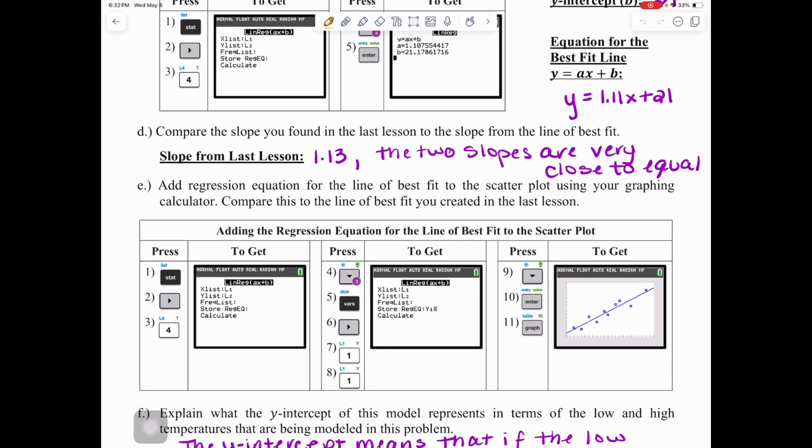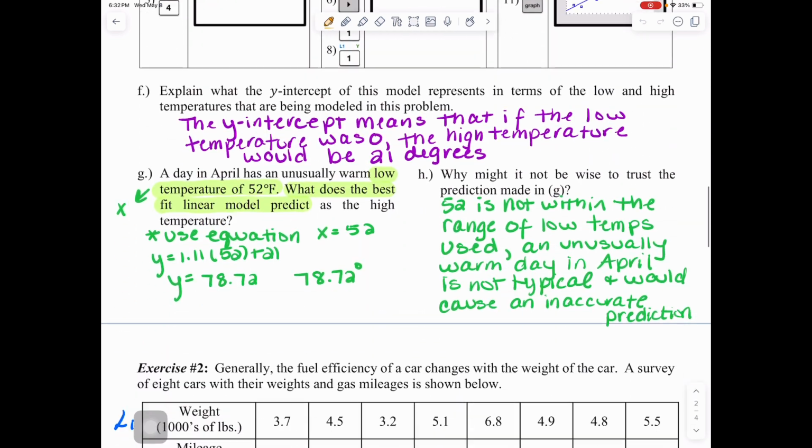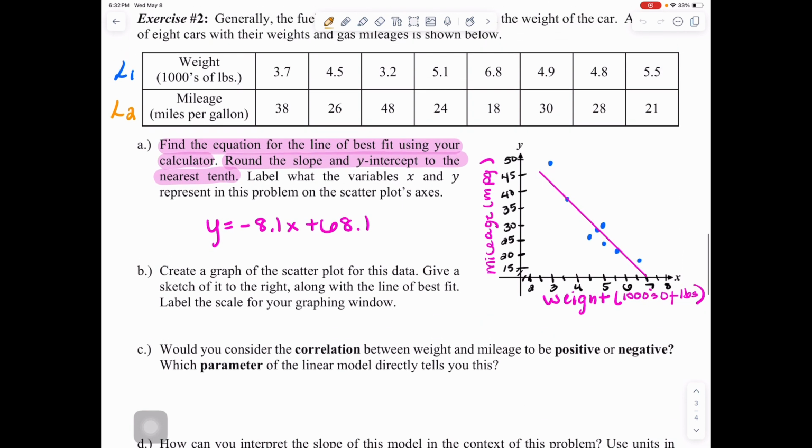Once I hit graph, it put the line of best fit on my graph, and I used that as a guide to sketch it onto my picture, seeing that it was about hitting the x-axis at 7, and that it went through the point at 3.7, 38.